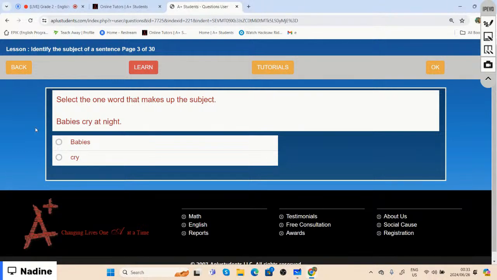All right, it says babies cry at night. We need to select the one word that makes up our subject. Babies cry at night. Is it option one, which is babies, or option two, which is cry? Who cries at night? Is it babies or is it cry that is our subject?